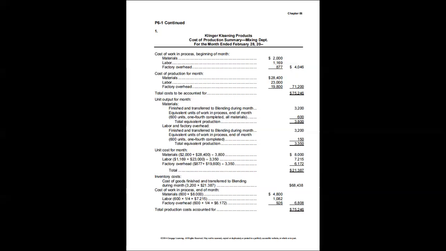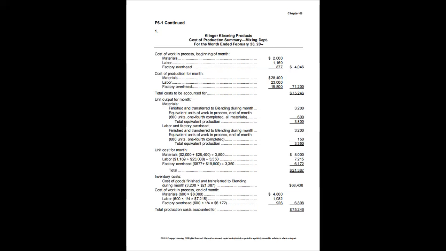We divide by the equivalent production for materials of 3,800. Then for labor and factory overhead, we now divide this by 3,350, which is the equivalent production for labor and for factory overhead.